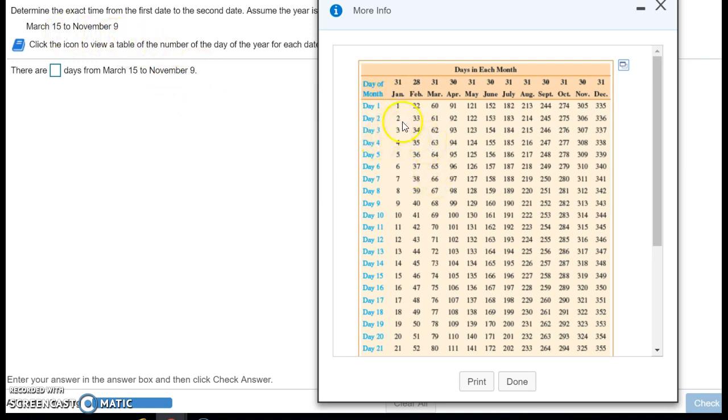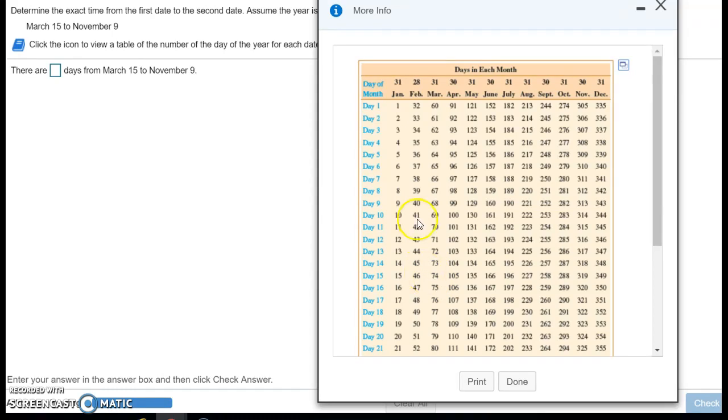So we can come here, it's the 15th day, so we are here. March is the fourth column over, and the 15th would be day 74. Day 74.